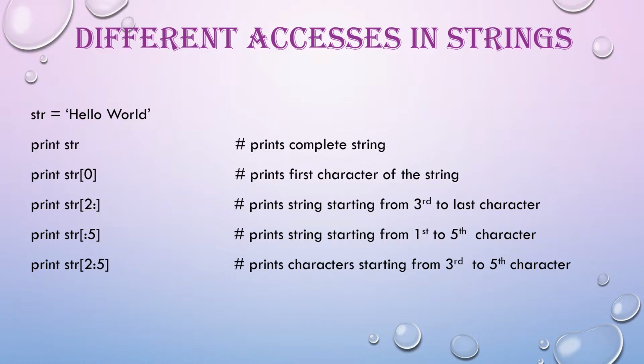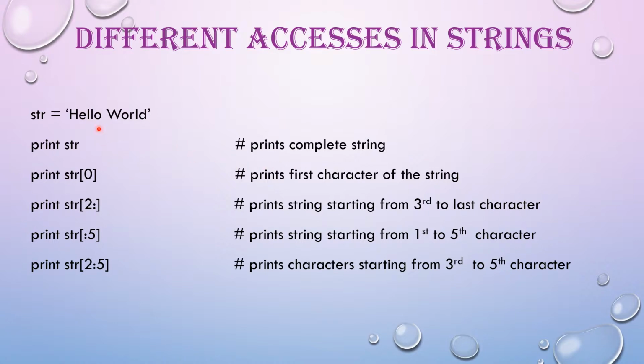Different accesses in strings. As we have read before, the slice operator is used to get the subset of strings. By that slice operator, we can access different characters in this string. So first here we have initialized str with hello world and then printed str.